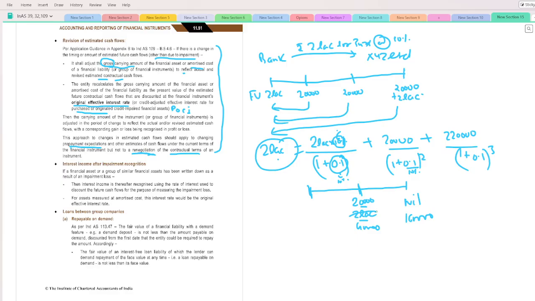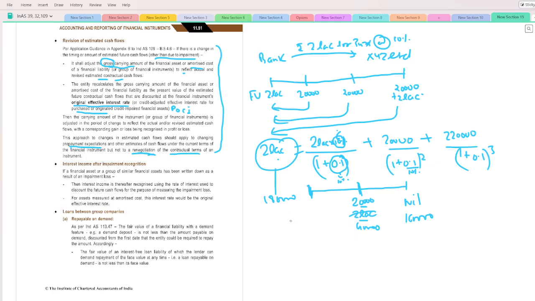This situation has come because there is a bumper profit in their company, so that's why they are prepaying. Because of this revised cash flow, if it is coming, just hypothetically, 1,80,000, then whatever the difference is there, because here also it will be 2 lakhs.